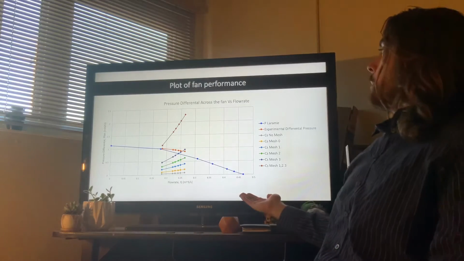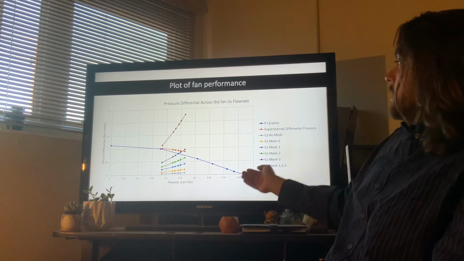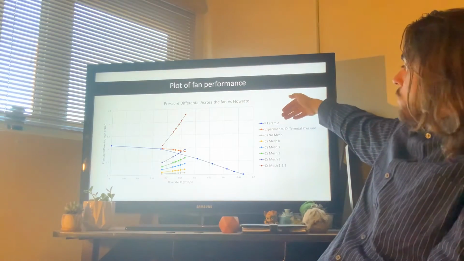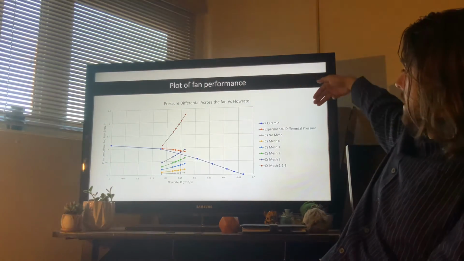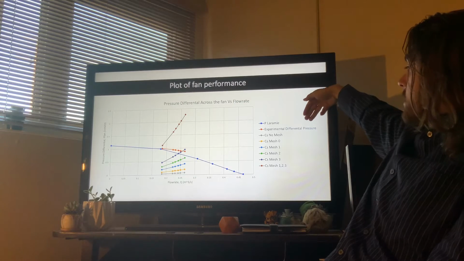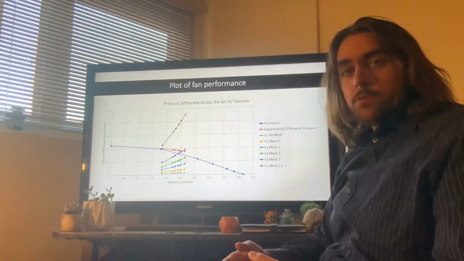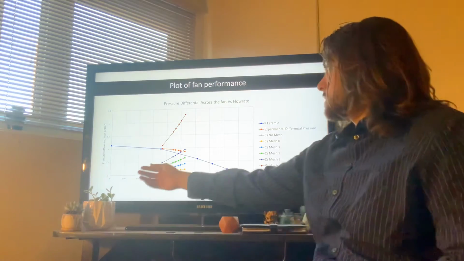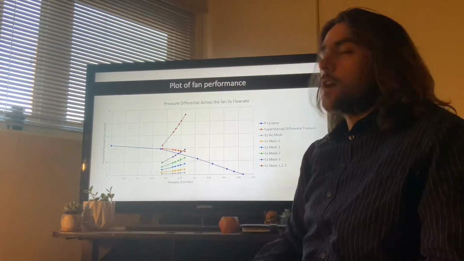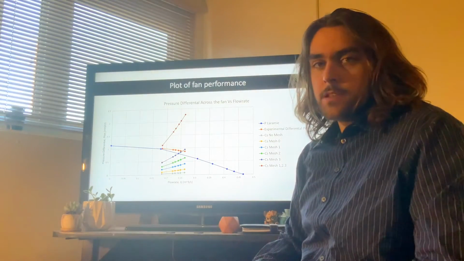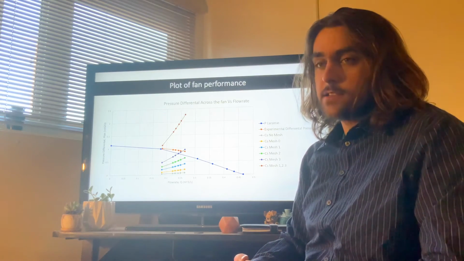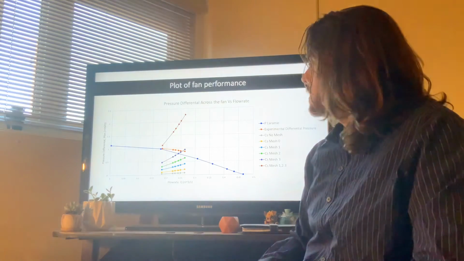Now here we have a plot of the fan performance. I adjusted the given values in the lab handout to Laramie conditions, and I also plotted the experimental differential pressures that were found with the corresponding flow rates. These 2 values are rather similar, showing that the experiment I would call a success, at least in collecting the values.